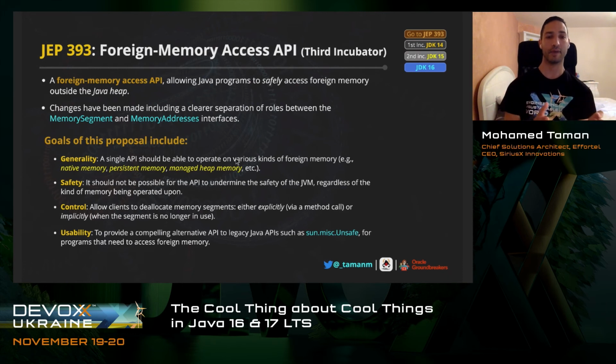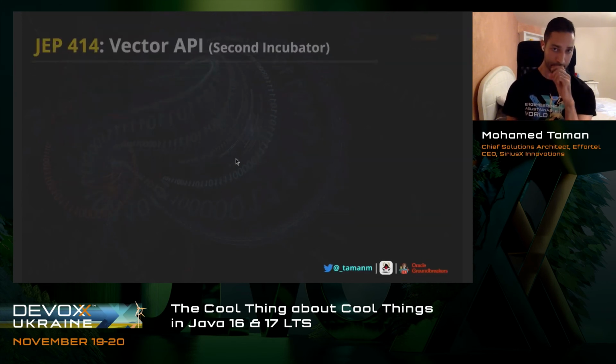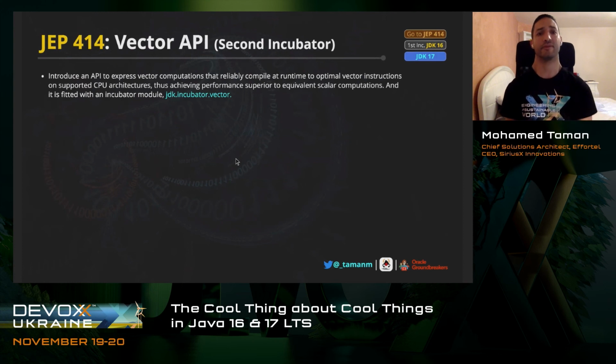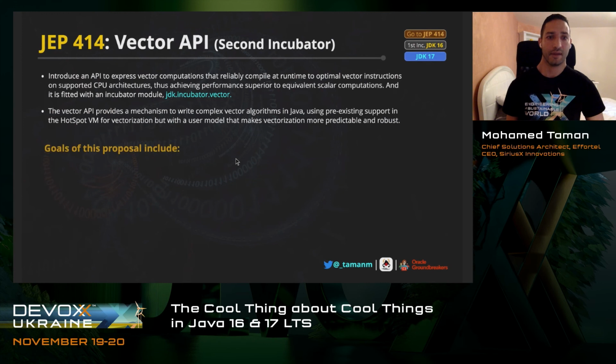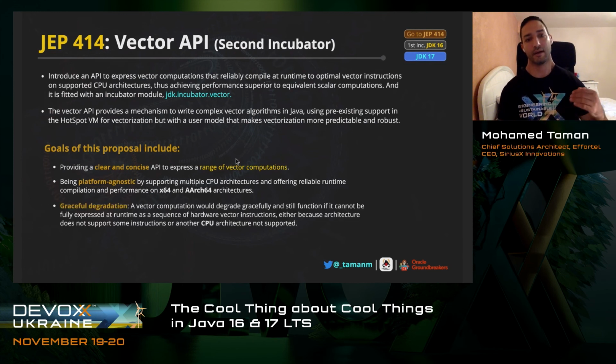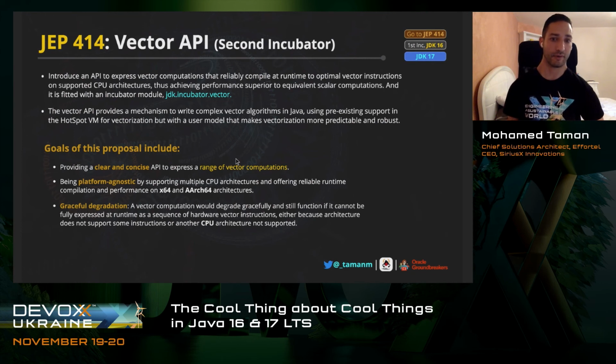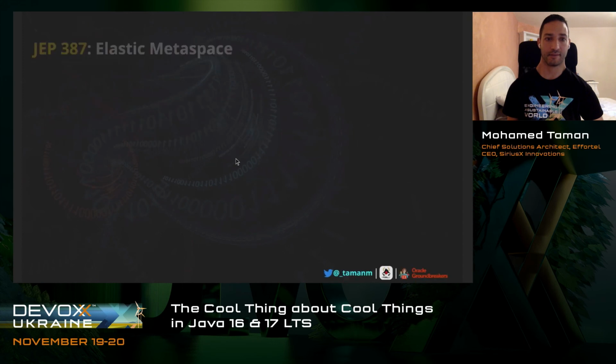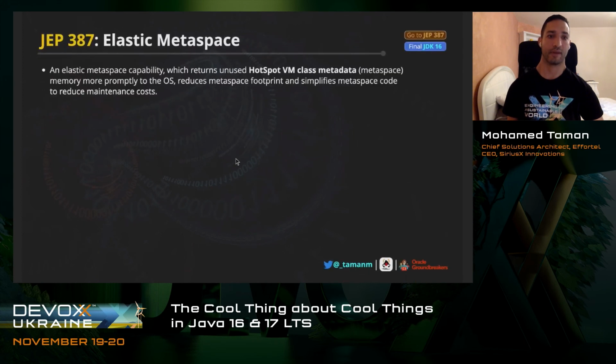So this API now becomes de facto inside the JDK, so we are allowed to do all of this from inside the JDK. Then the Vector API, for people who are interested in doing vector computation, provides a very nice and concise API to express a range of vector computations based on a lot of architectures, either x64 or AArch64, for computation, and it provides more memory.